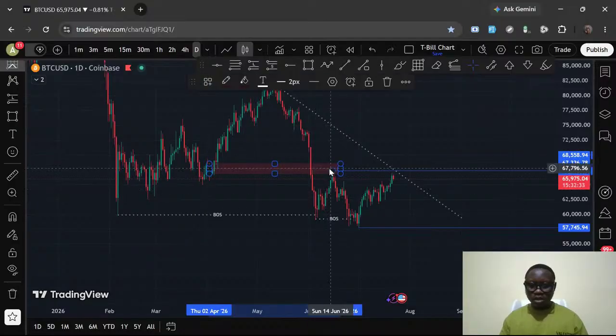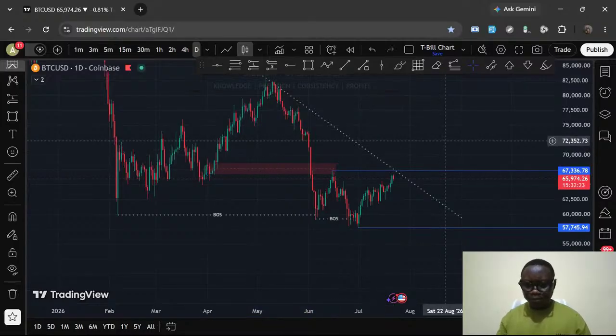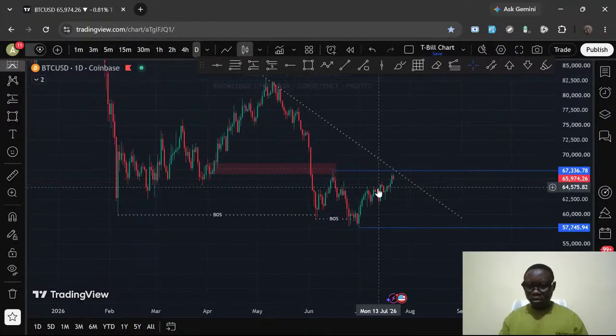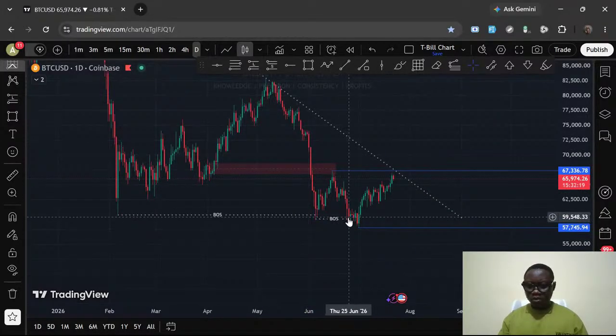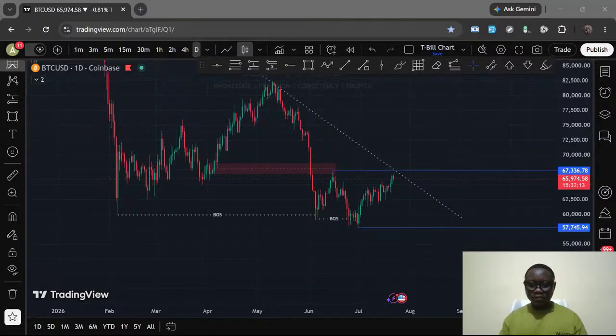That was where this whole bearish move originated from. When price broke the structure and pulled back into this zone, right then we would sell to the downside. And now we have this break of structure. Again, price is pulling back to this zone right here.